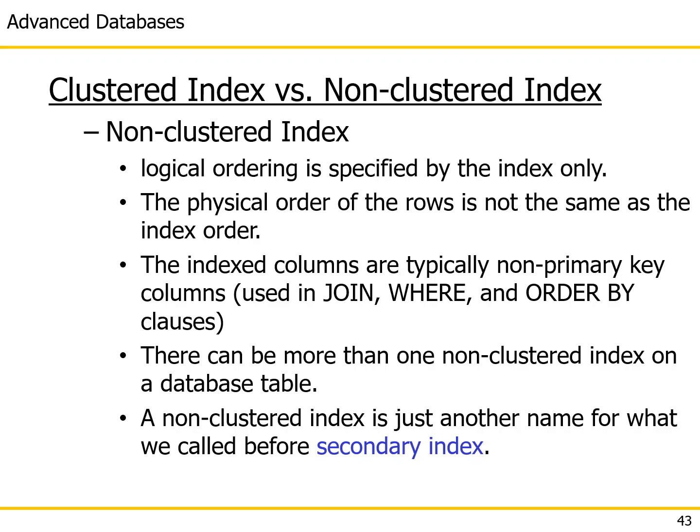So I hope now it is clear for you what we mean when we say clustered index. It's some data structure, some index type that is built on a column that is used to sort the data on the disk, in the pages of the table. Non-clustered is something else, as we already described.